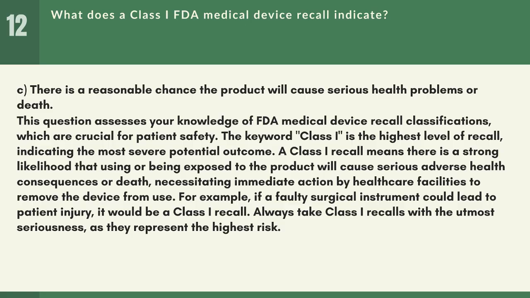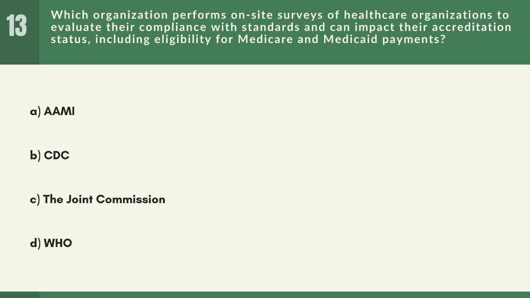A Class 1 recall means there's a strong likelihood that using or being exposed to the product will cause serious adverse health consequences or death, necessitating immediate action by healthcare facilities to remove the device from use. For example, if a faulty surgical instrument could lead to patient injury, it would be a Class 1 recall. Always take Class 1 recalls with the utmost seriousness, as they represent the highest risk.